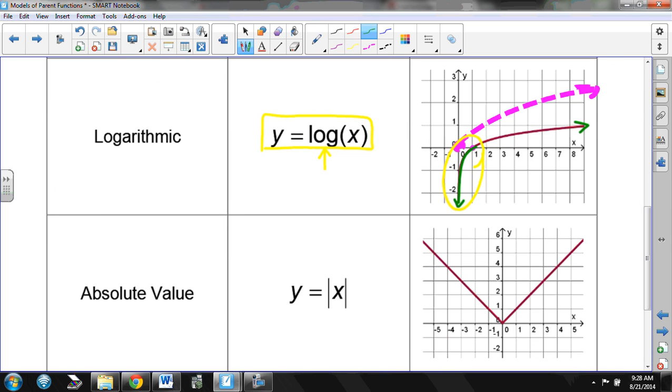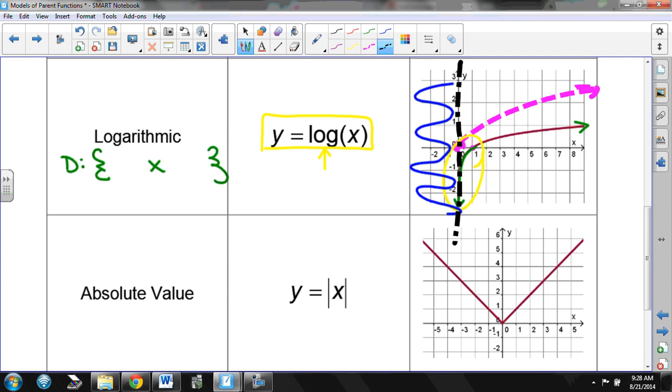Okay, so what's the domain of the logarithmic parent function going to be? What x values can we have? Notice for our logarithmic parent function, we never cross over into where the x's are negative. And also notice we get closer and closer to x equals 0 down here, but we never touch x equals 0.